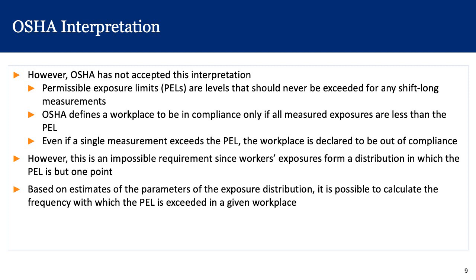However, as we can guess from our discussion of exposure distributions, this is really an impossible requirement, since workers' exposures form a distribution in which the PEL is but 1 point. And based on the estimates of the parameters of an exposure distribution, we can easily calculate the frequency with which the PEL is exceeded in a given workplace.